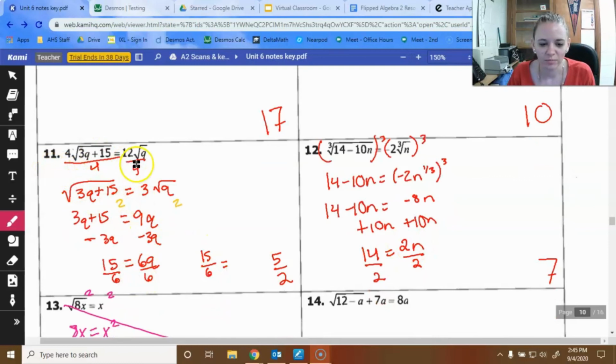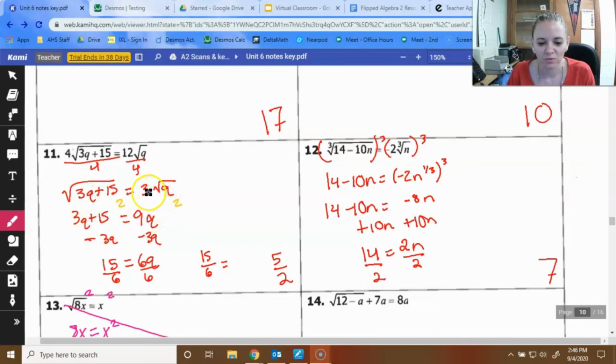So with the radical on both sides, you can't really isolate, you can only isolate one radical at a time, which is fine. So the way on number 11, I isolated this radical by dividing both sides by 4. That simplified this side to 3 radical q. So this radical is by itself. So I went ahead and squared, and that's what my 2 means. I squared this side and this side. Squaring this side eliminates the radical.